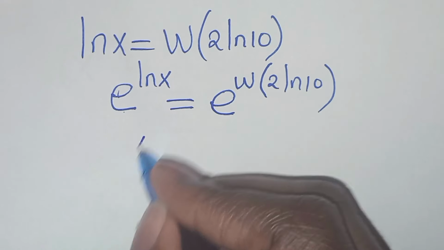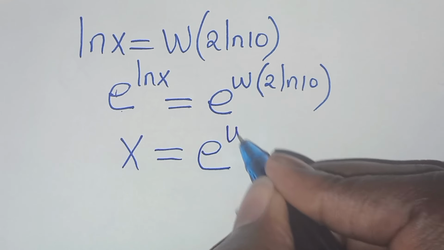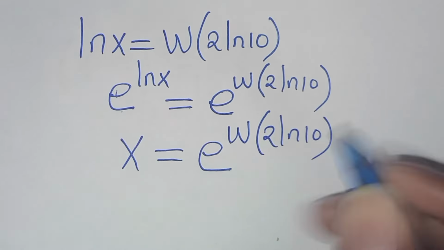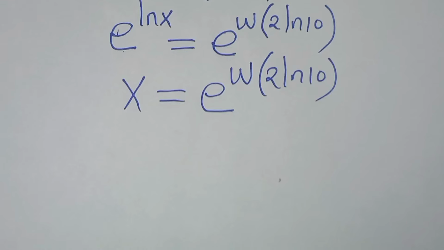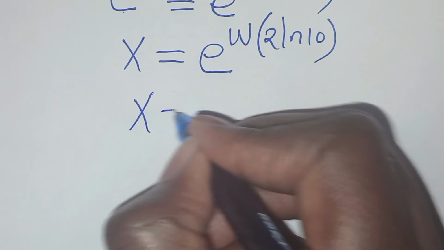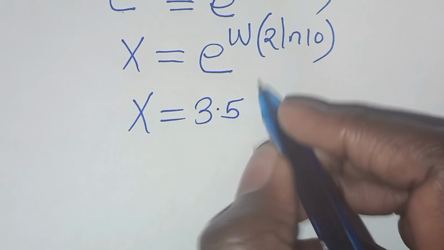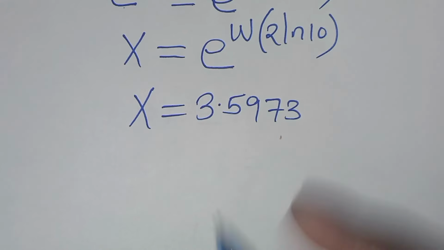So here we have x equal to exponent e to the power of W function of 2 ln of 10. And this implies that we have the value of x as 3.59. So this is the value of x.